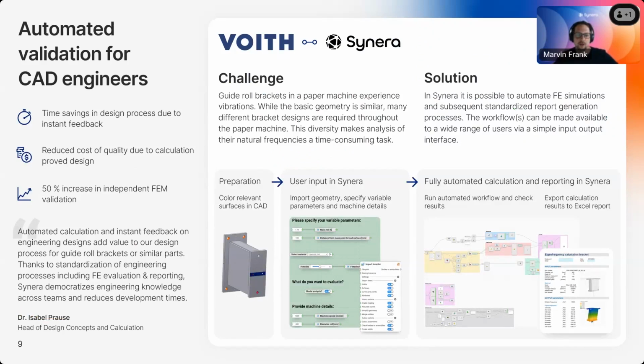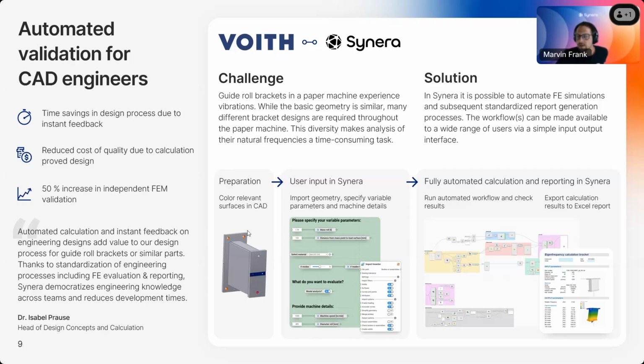So this is one of our case studies, one of the customers that use Synera as an advantage. The company is called Voigt, and they have different branches, but this branch does big paper machines for paper production. In these big machines, they have these roll brackets.